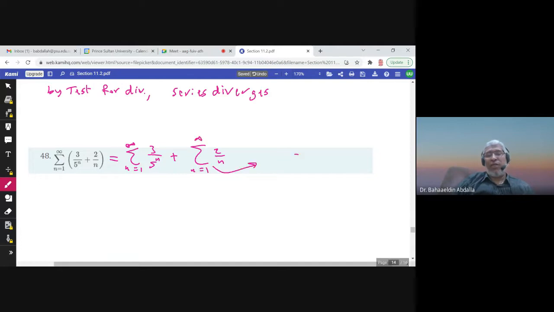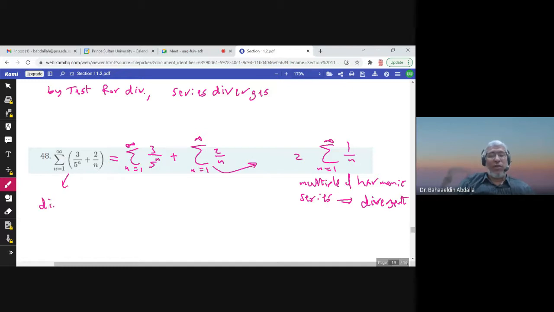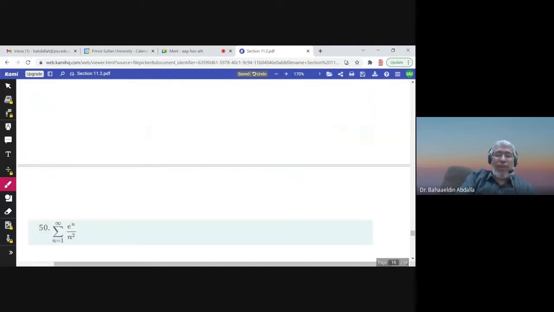This series is 2 times 1 over n, and this is a multiple of the harmonic series. And the harmonic series is divergent. So by the theorem, this series is divergent, because one of the two series is divergent.